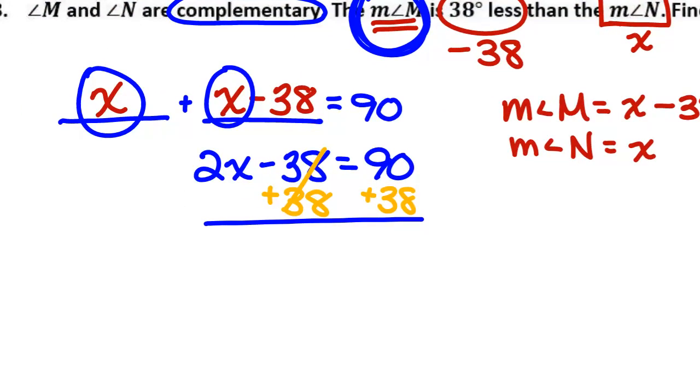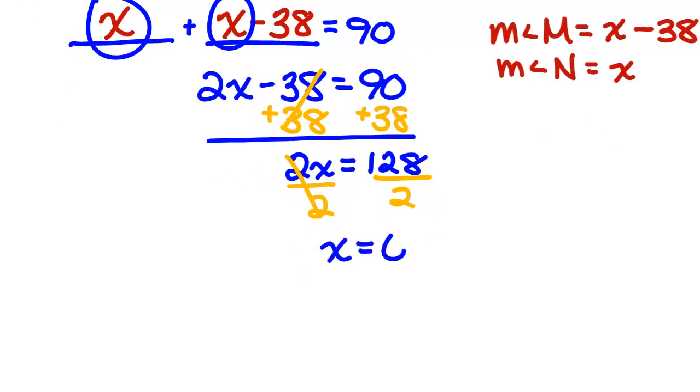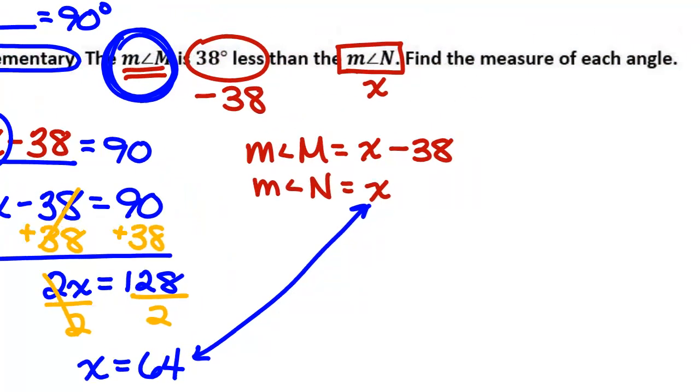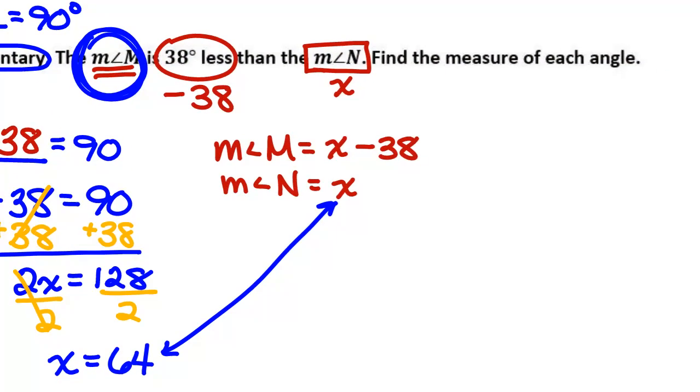All right. You guys okay if we pick back up solving now? Cool. So I have 2x equals 128. Then we divide both sides by 2. And I get that x is 64. So angle n has to be 64 degrees because we said angle n was x degrees.